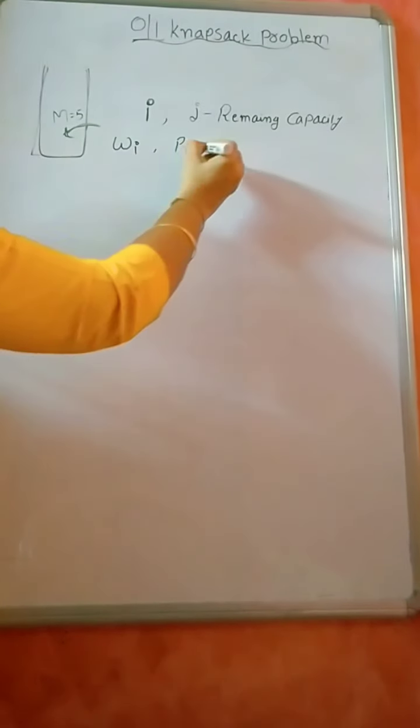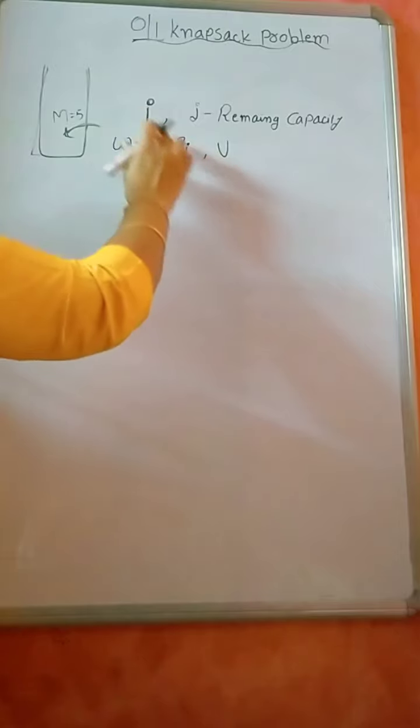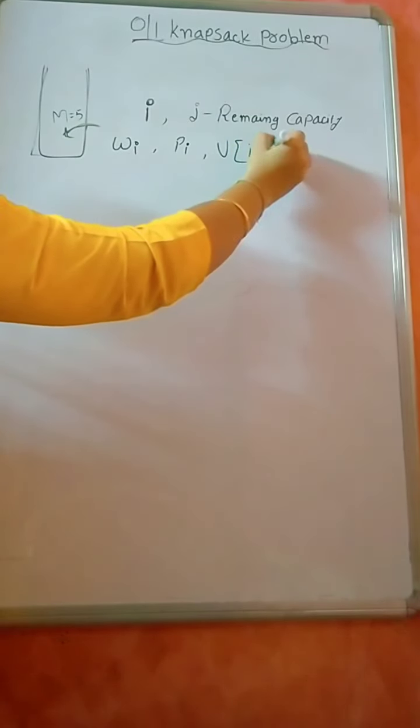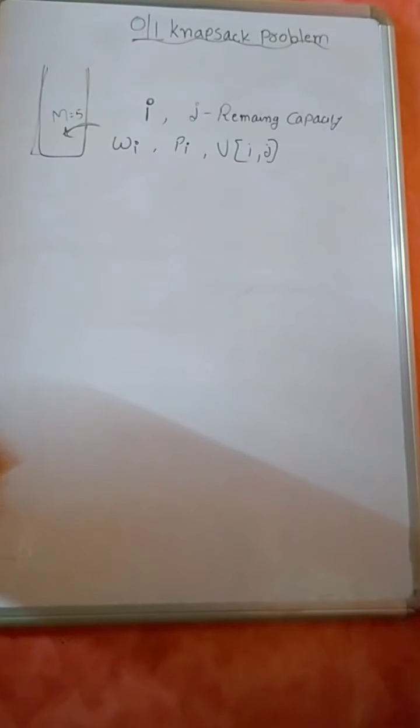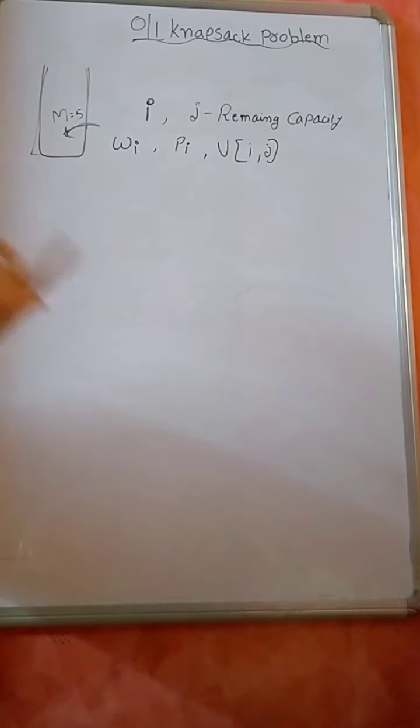Wi represents the weight of the ith object, and Pi represents the profit of the ith object. What does V of i,j represent? V of i,j represents the profit of selecting or rejecting that particular ith object.